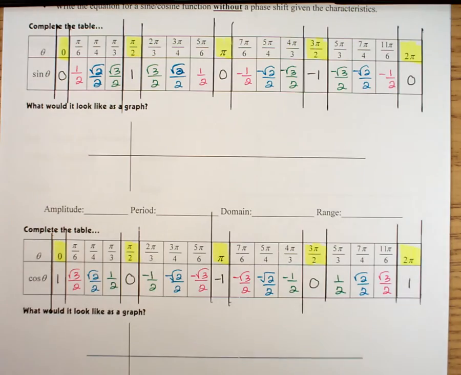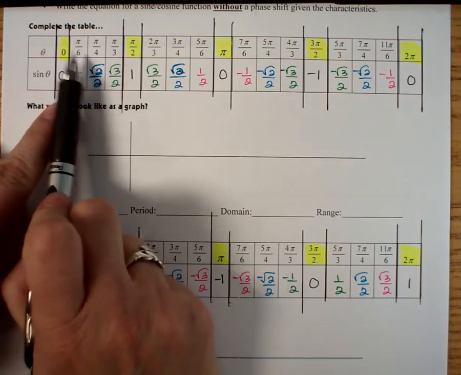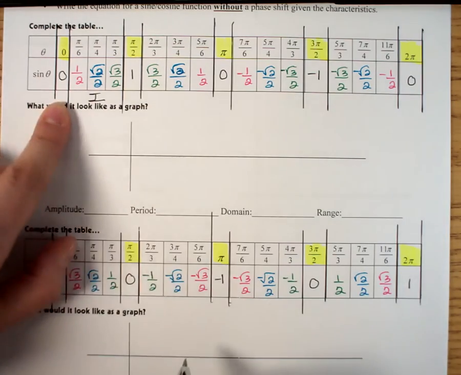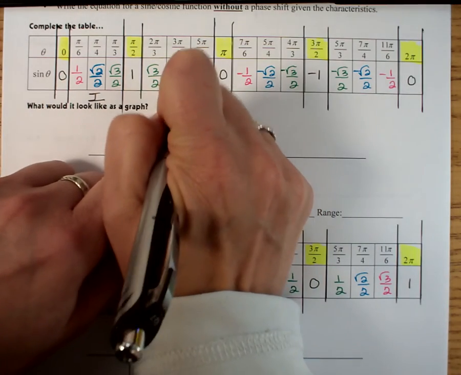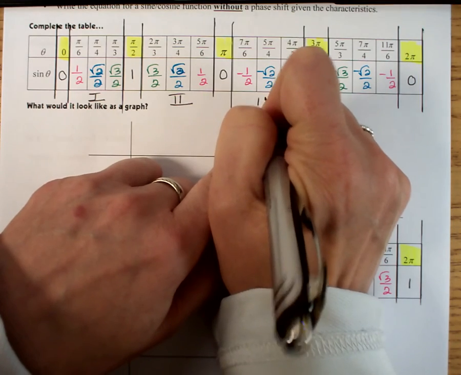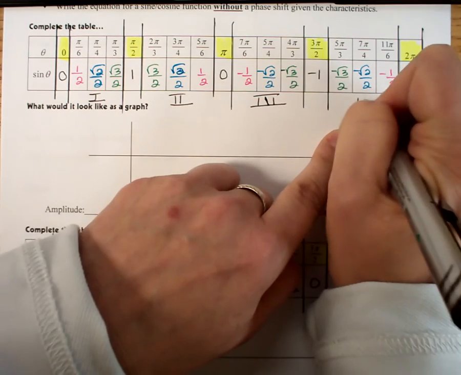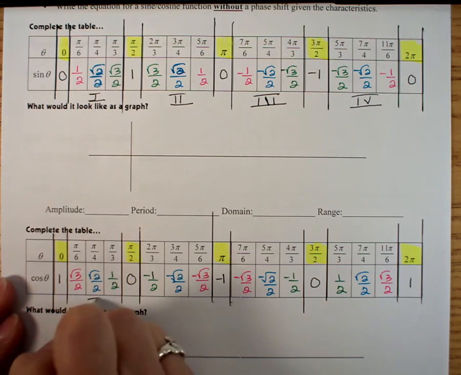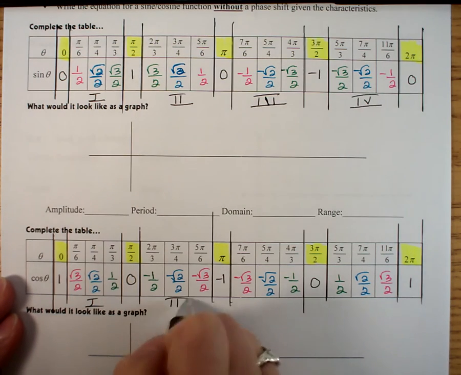Okay, so now that I have those marked out, what should begin to stand out to you is that all of these angles right here are in our first quadrant. All of these angles are in our second quadrant. These are all our third quadrant and our fourth quadrant. When we go ahead and we identify those, the same would apply down here for cosine.